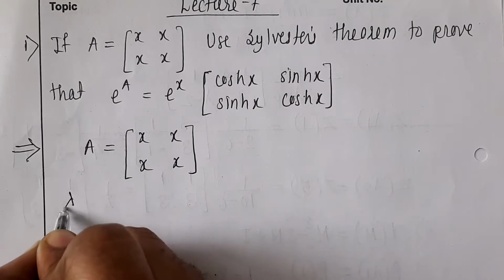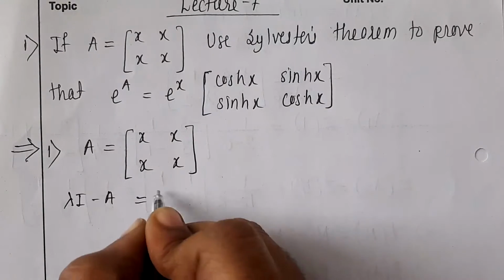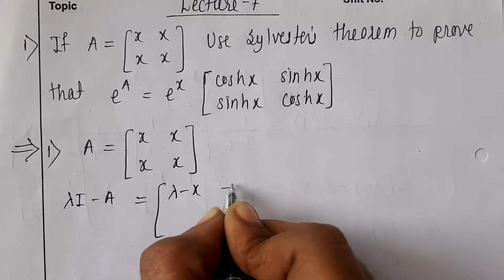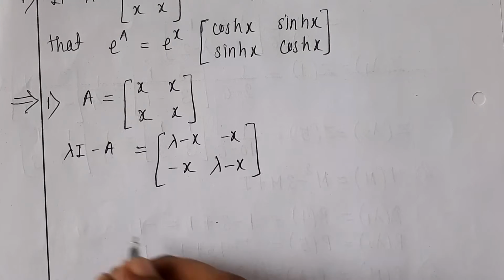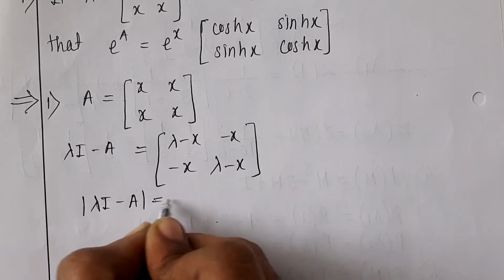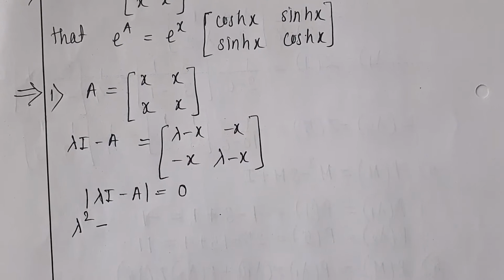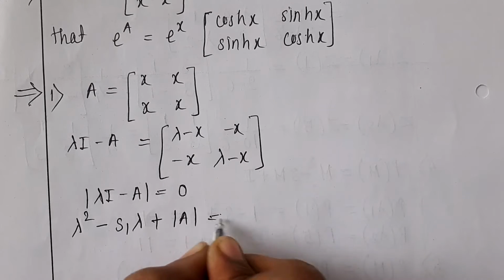Now we first find out lambda I minus A. This is our first step. So lambda I minus A is lambda minus x and minus x, minus x. Next step is find out determinant of lambda I minus A equal to 0. So lambda square minus S1 lambda plus determinant of A is equal to 0.